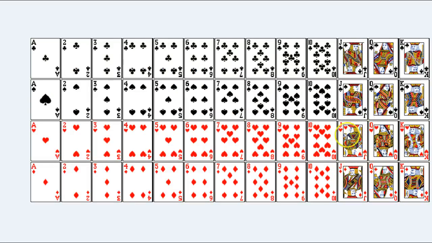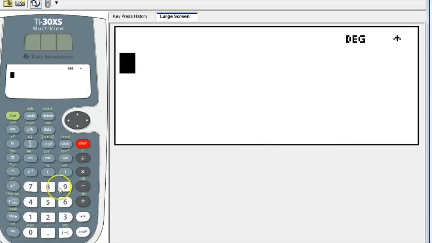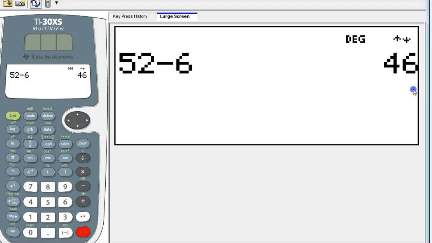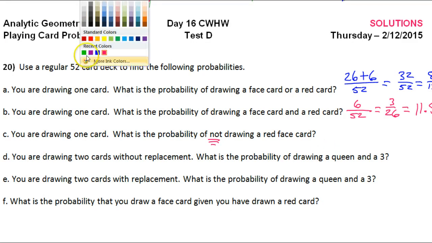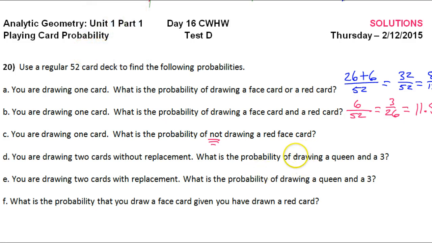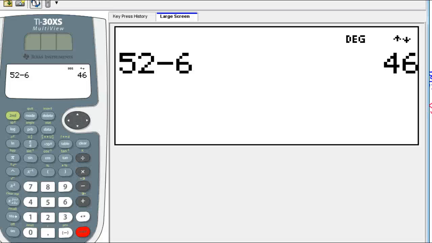So if you subtract that from the total of 52, alright, I'm sure you don't need a calculator for this, but just so you have a visual, we're doing 52 minus the 6 red face cards. That leaves 46 other cards. Alright, so we're talking about a probability of 46 out of 52.